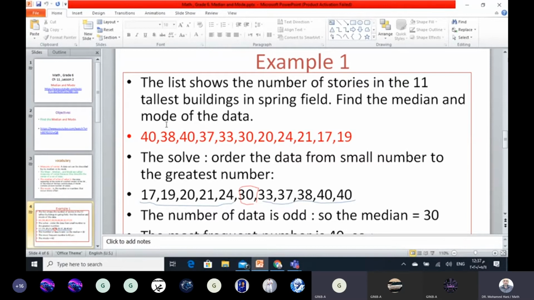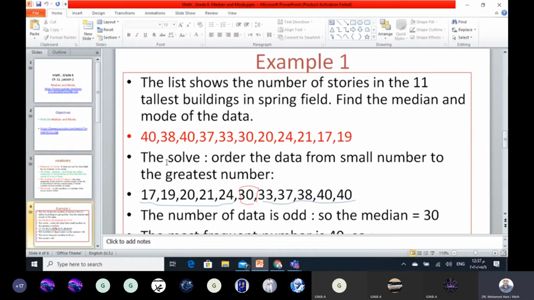Find the median and mode of the data. This is the data. We have here 11 numbers: 1, 2, 3, 4, 5, 6, 7, 8, 9, 10, 11.